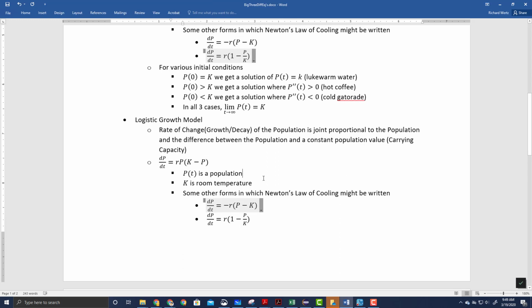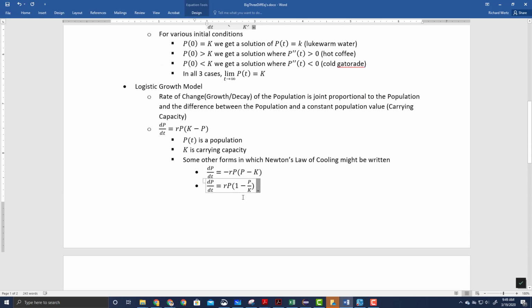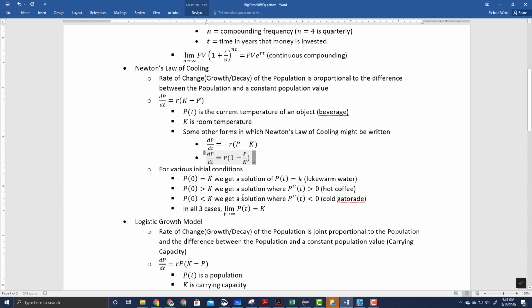And here K is called the carrying capacity. And some other forms that you might find this one, you might find it to be like this. You might find it to be like this. So you see it in a couple of different forms.